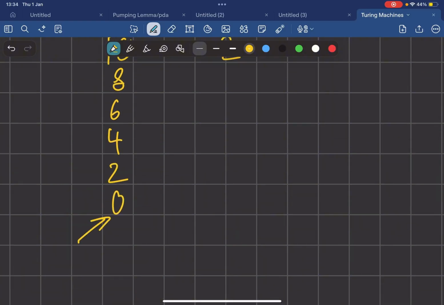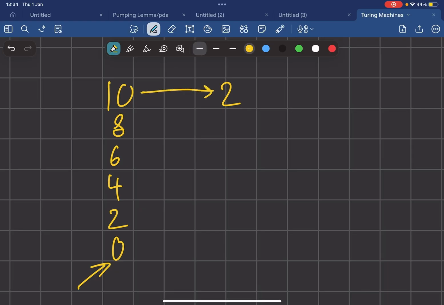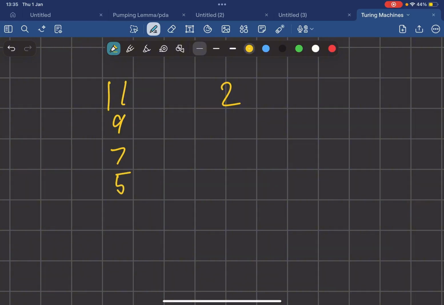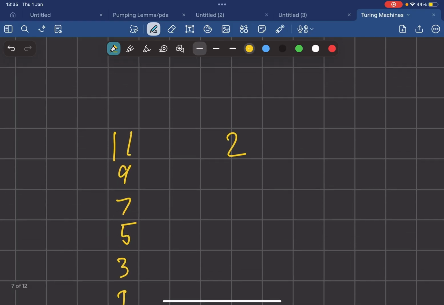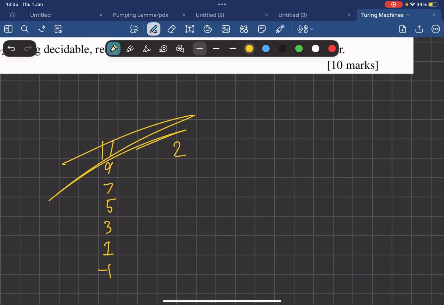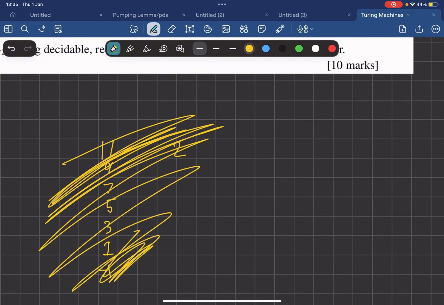So we reached 0, therefore 10 was a multiple of 2. If this was instead 11, we'd go to 9, 7, 5, 3, 1, and then minus 1. So we didn't reach 0. This will never reach 0, and therefore 11 was not a multiple of 2 because it didn't divide evenly.